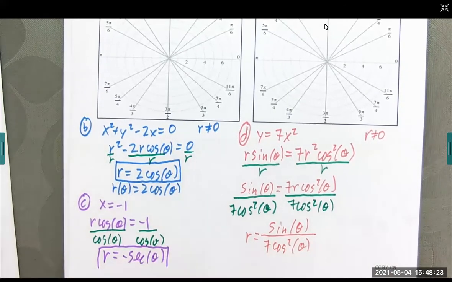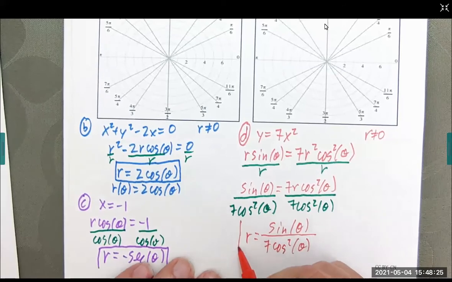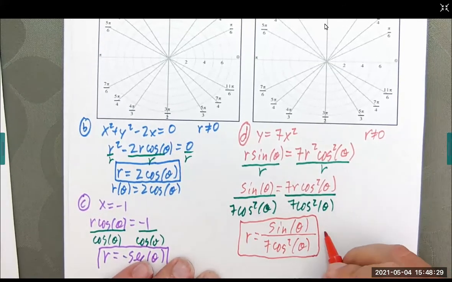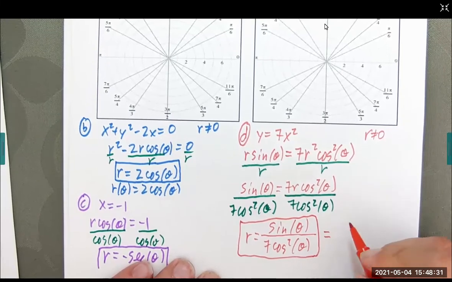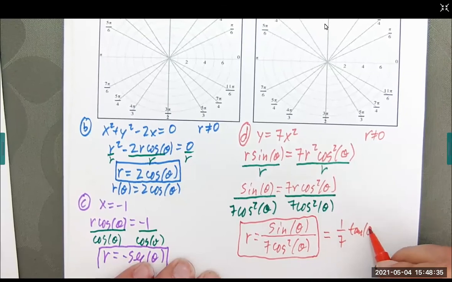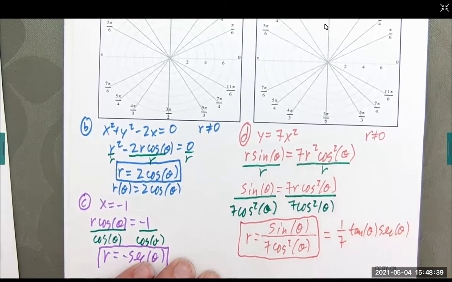Now, this is fine as an answer. Some of you a little bit more ambitious might see that this is 1/7. Sine over cosine is tangent theta. Then we have another cosine, 1 over cosine, which becomes secant theta. So both of those would be equivalent answers.